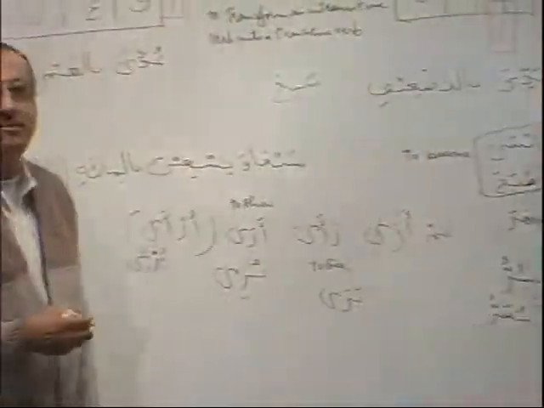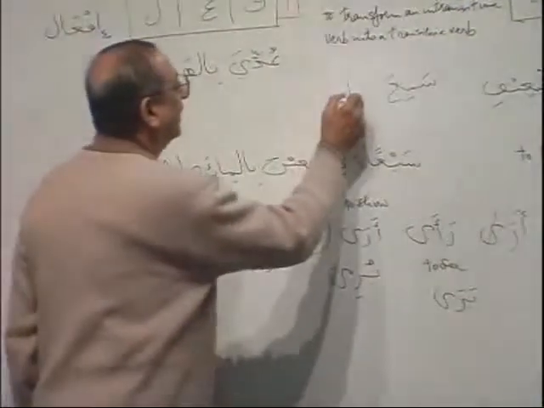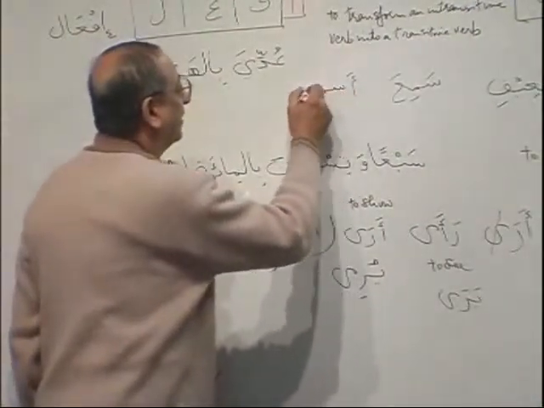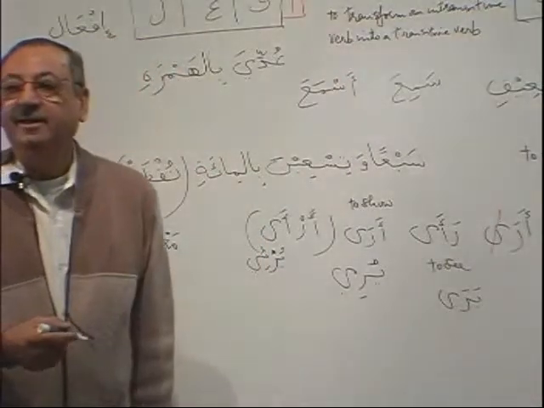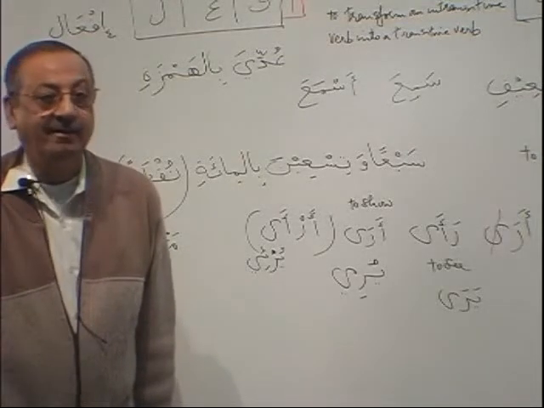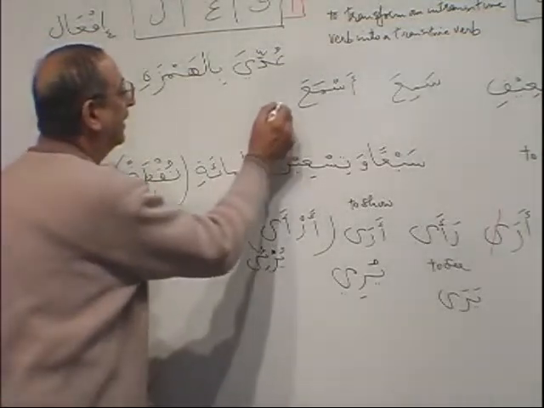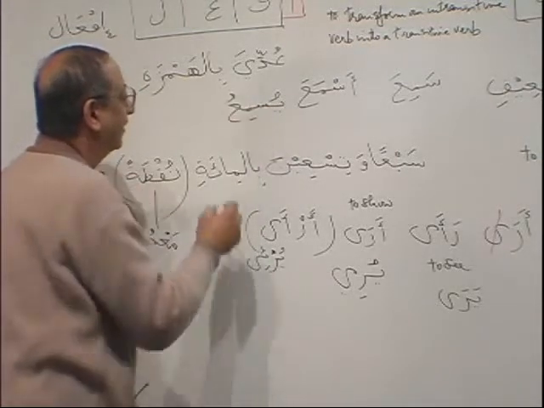What is the meaning of Sami'a? He heard. Bring it into form 4. What is the meaning of asma'a? He made someone, another person, hear. What will be the mudari'a? Yusmi'.